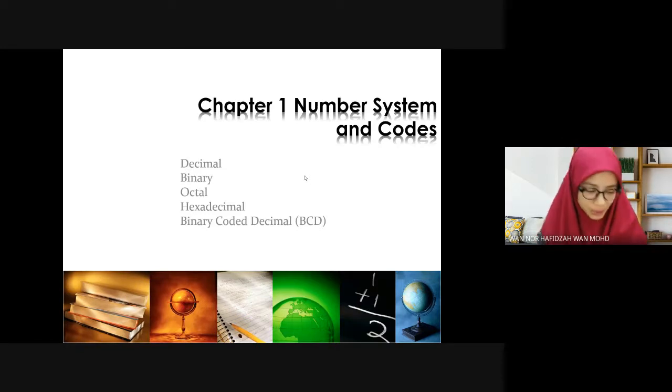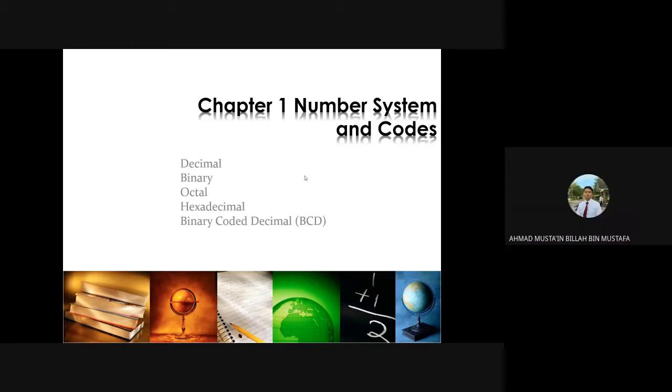For example, you have decimal number 1. You can represent it with binary as 1, or octal 001. If you want to convert decimal 1 into hexadecimal, what would it be?